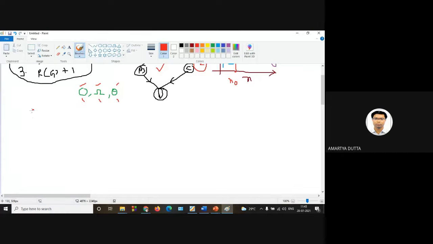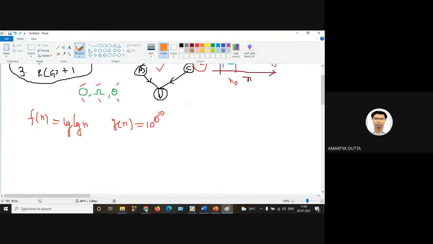Suppose your Fn is log n, and your Gn is some constant, 10 to the power 10 to the power 10.